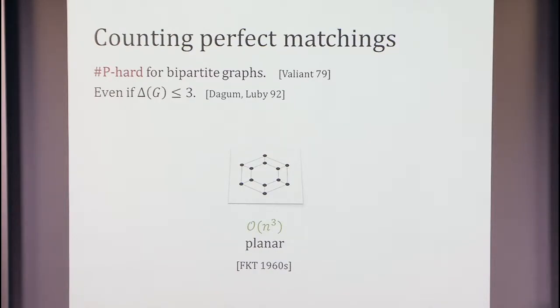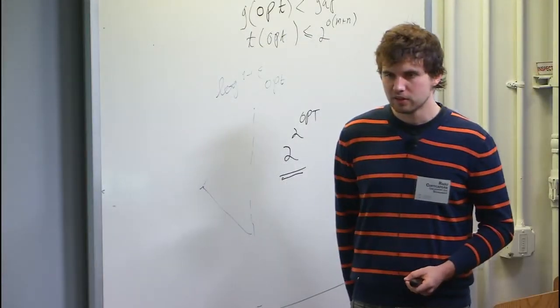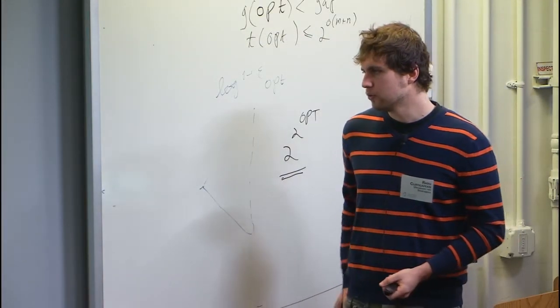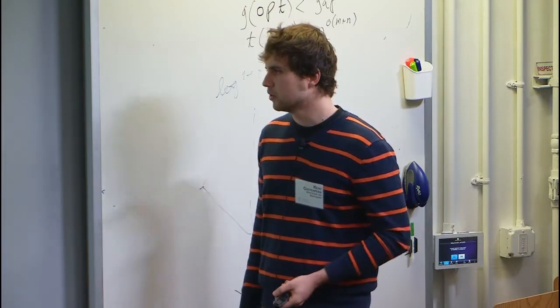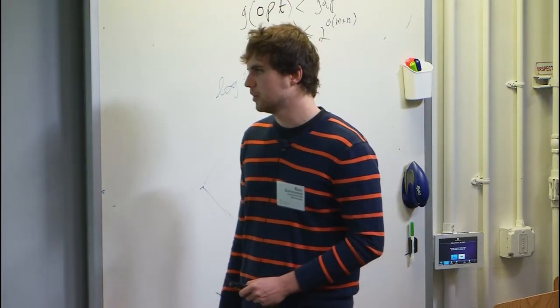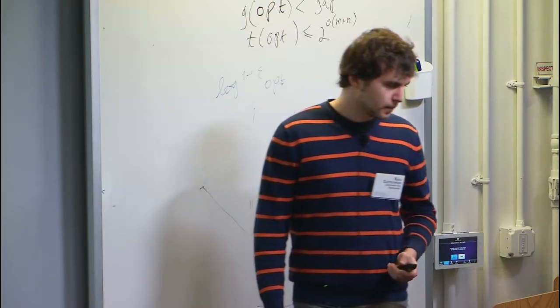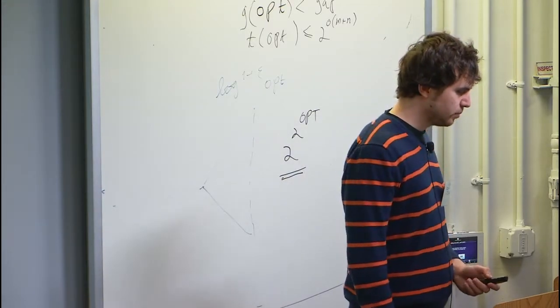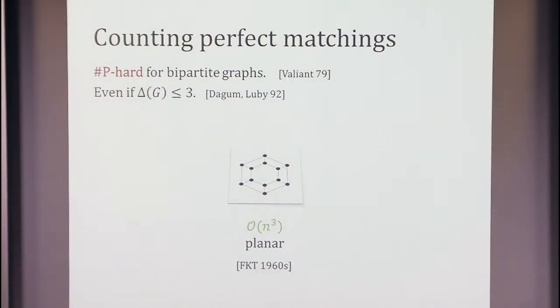There is a famous algorithm from the 1960s by Fisher, Kasteleyn, and Temperley, which shows that counting perfect matchings in planar graphs can actually be reduced to the determinant. And since we know how to compute the determinant, we get a polynomial time algorithm for counting perfect matchings in planar graphs.